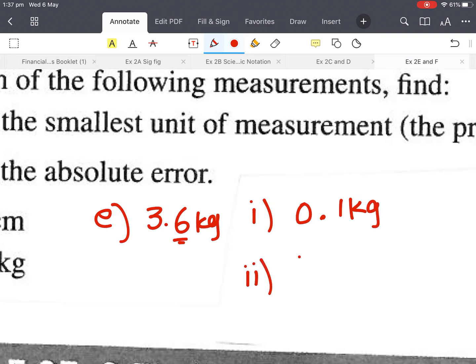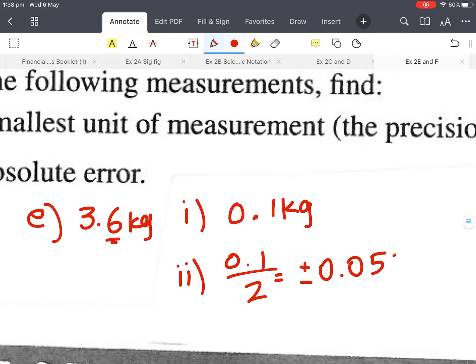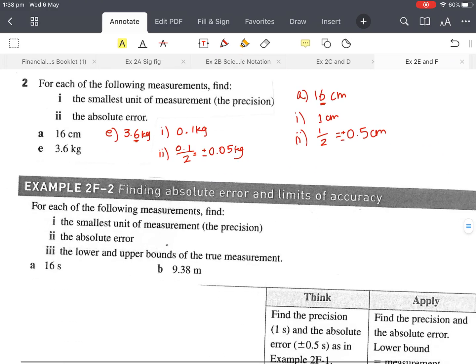And now to find my absolute error, I divide that by 2, and I get 0.05, plus and a minus, and don't forget your units. Okay, all right, let's try the next one.